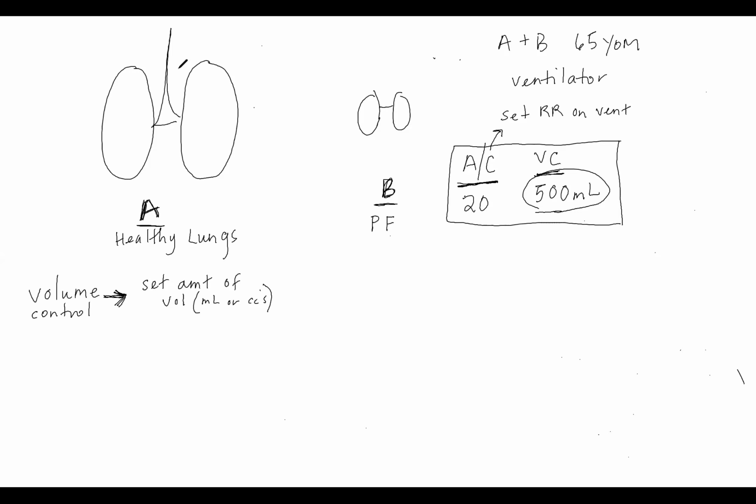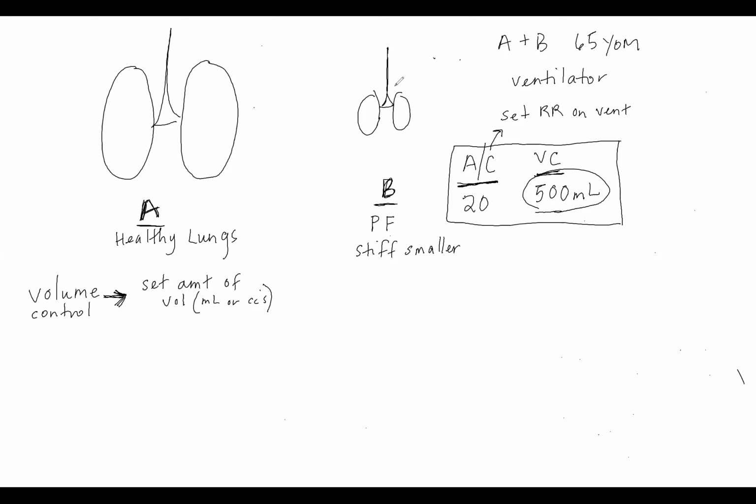So let's take a second to compare these two sets of lungs. What do we know about patient A lungs versus patient B lungs? Okay, patient A's lungs are much healthier. They more easily expand. They've got larger volume, larger surface area for the volume to fill up. And patient B's lungs are kind of stiff and smaller, and definitely not going to expand quite as well as patient A's lungs.